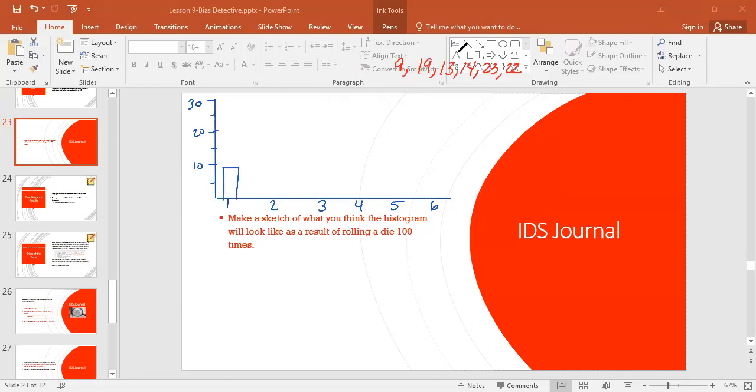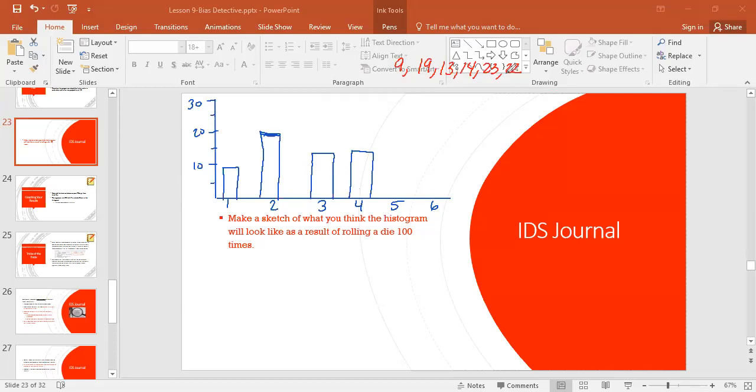I had 19 twos, up there. I had 13 threes, so just past the 10 there. 14 fours, just a little bit past the 13 right there.